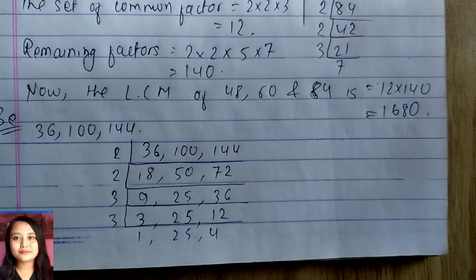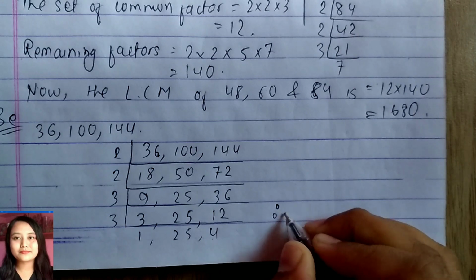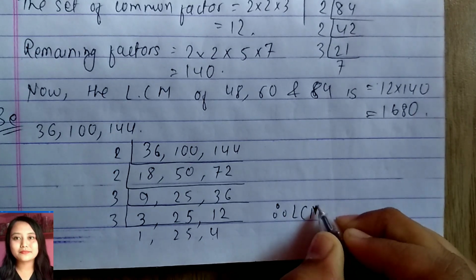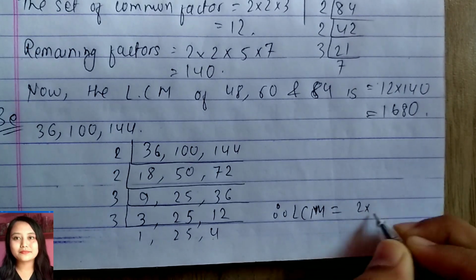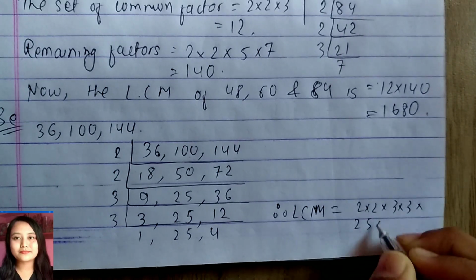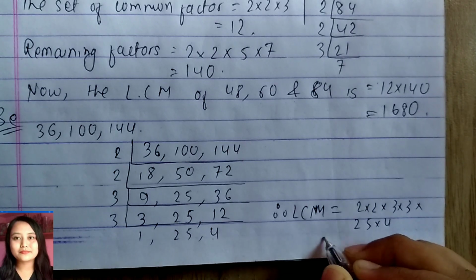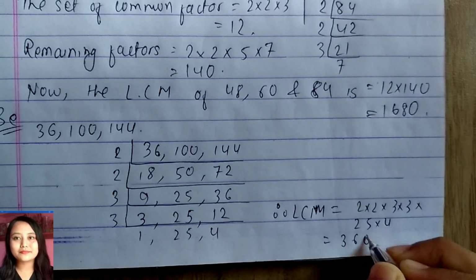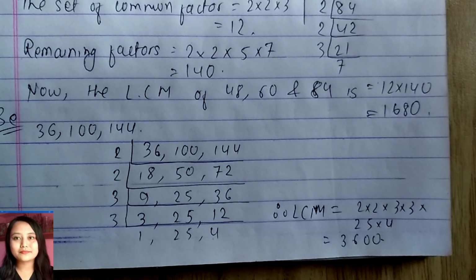So finally this 25 and 4 is only the remaining, and we cannot divide it more. So the LCM equals 2 into 2 into 3 into 3 into 25 into 4. So this will be equals to 3600, and the answer is 3600.